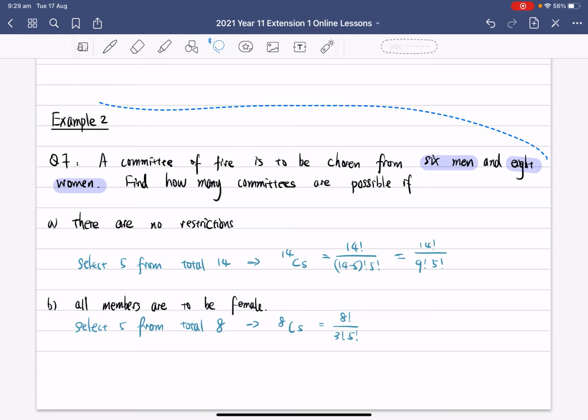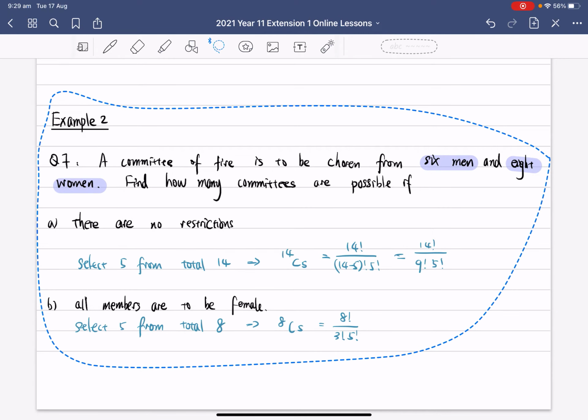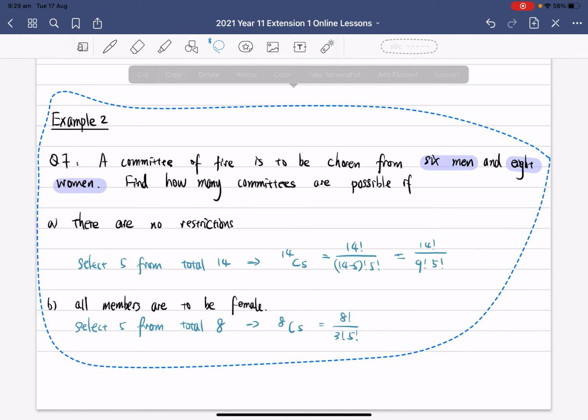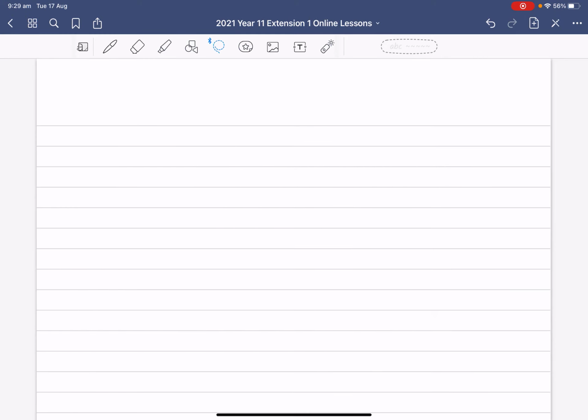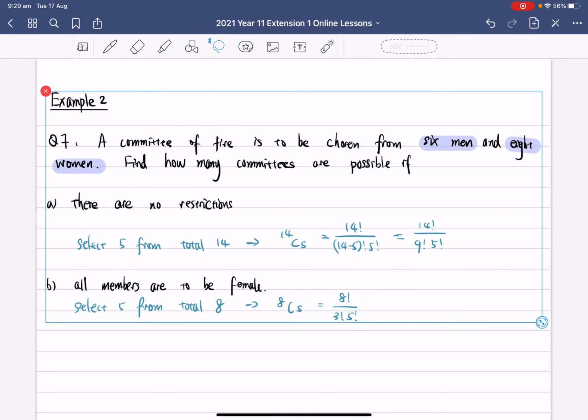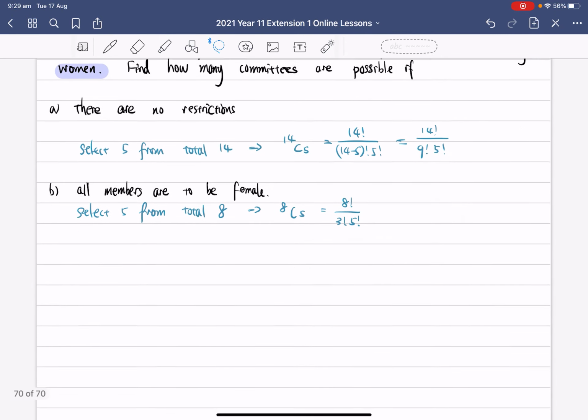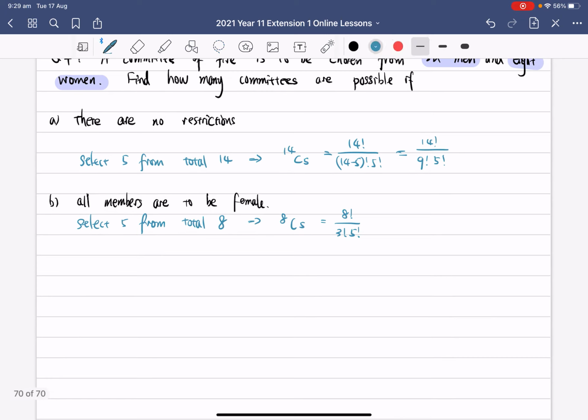I'm just going to copy this question to the next page. The next question, question C, says all have to be male. That's easy.